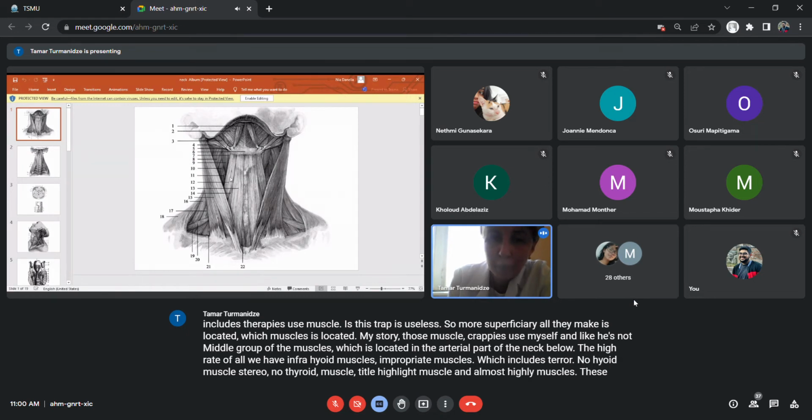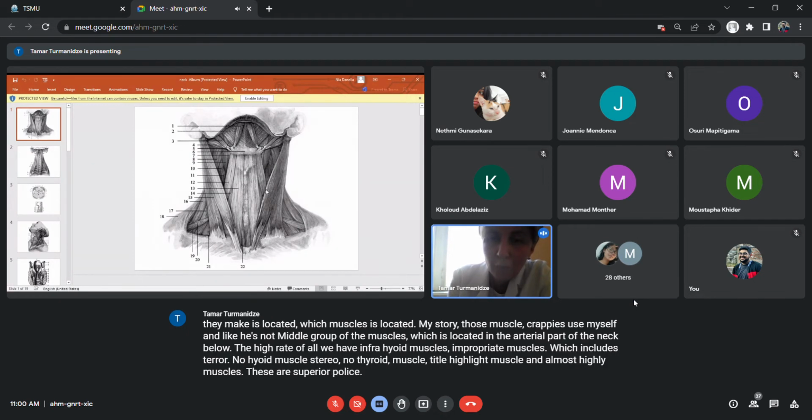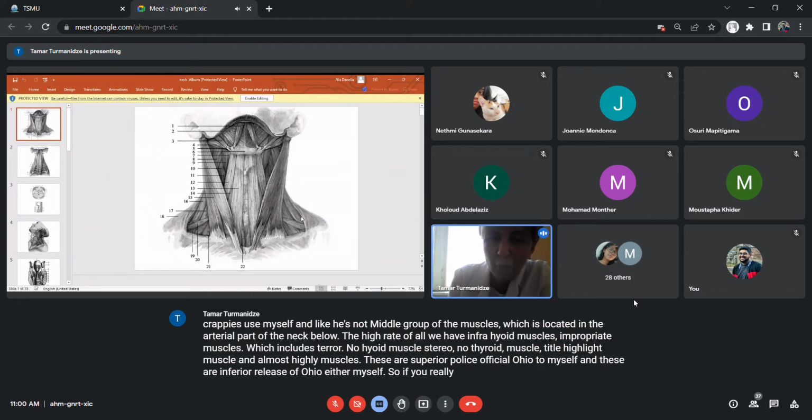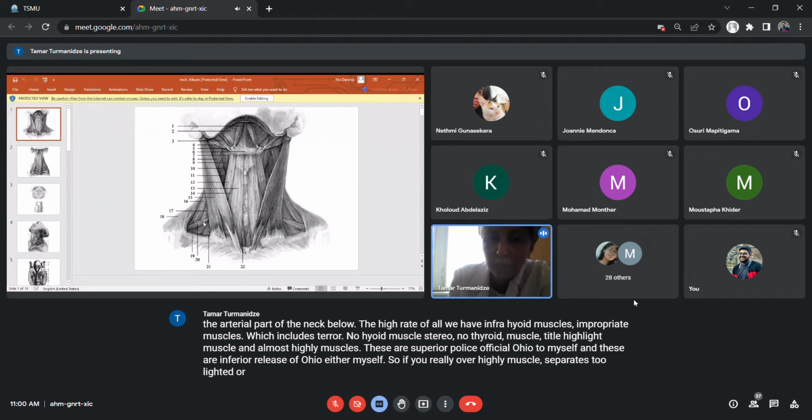These are superior bellies of omohyoid muscle, and these are inferior bellies of omohyoid muscle. So the inferior belly of omohyoid muscle separates two parts of the lateral triangle from each other, supraclavicular triangle from omotrapezius triangle.